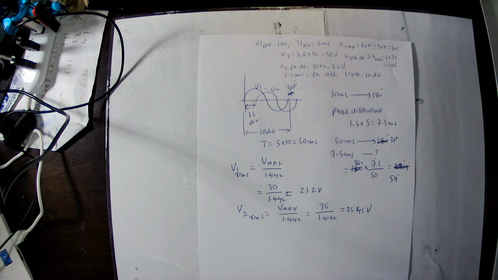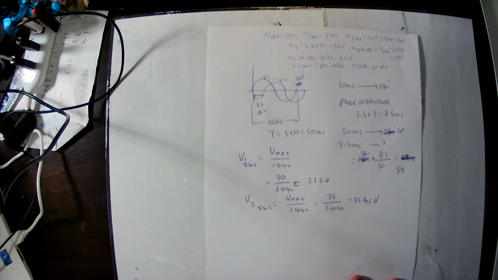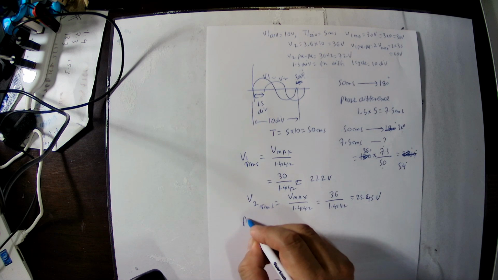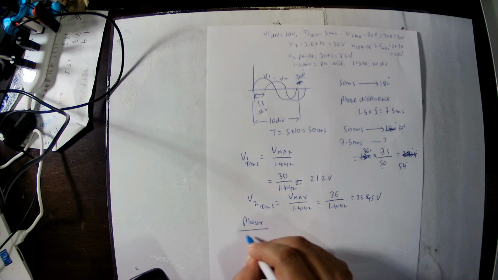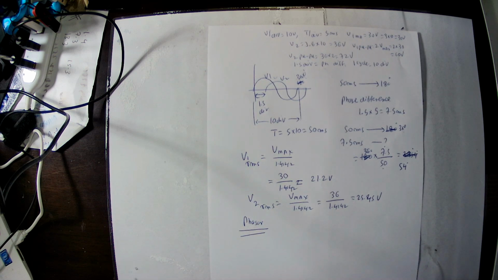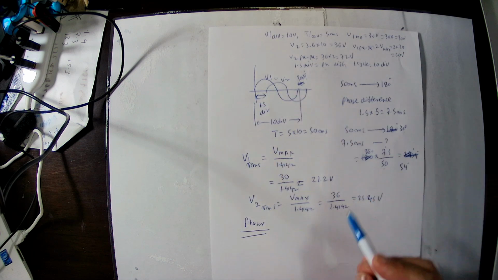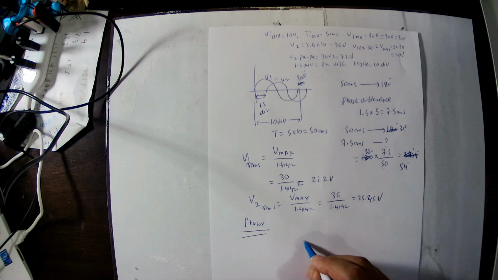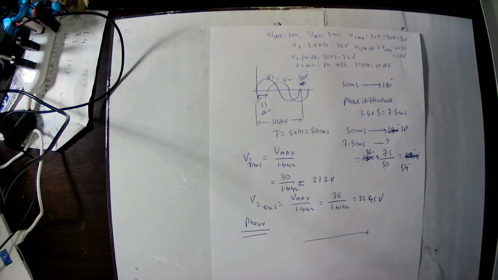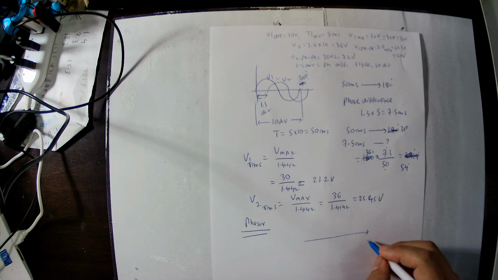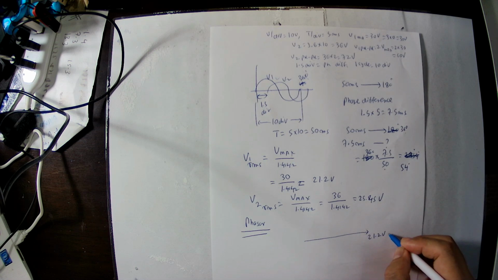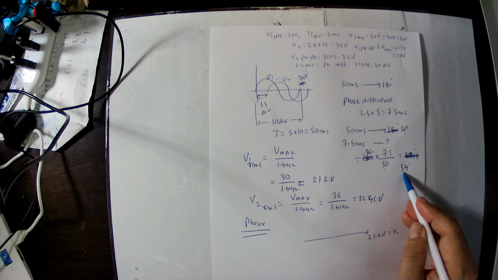Then we draw the phasor diagram. V1 is leading: V1 comes first and V2 comes second. Therefore, the V1 RMS value is 21.2 volt. This is V1. V2 is 54 degree lagging.